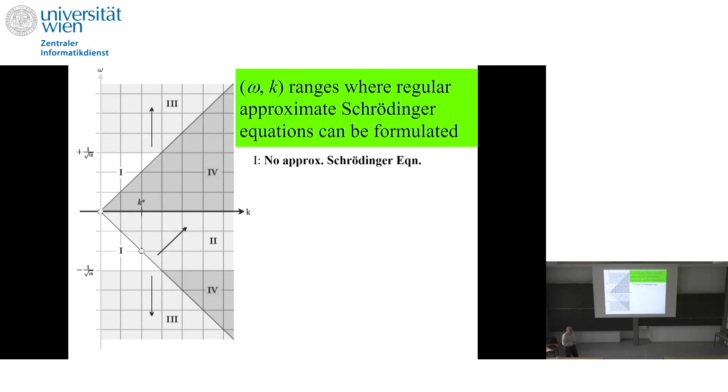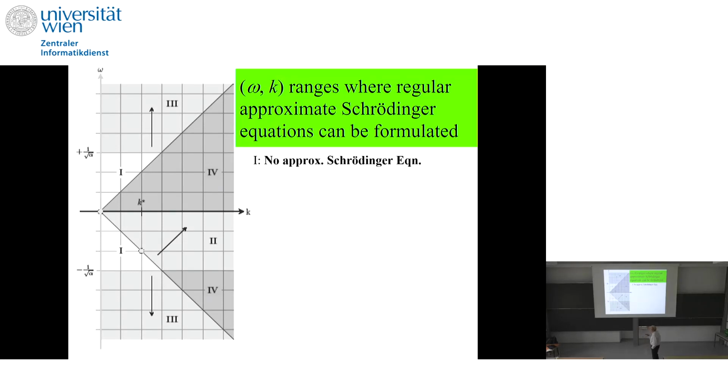Notice this is exactly the region in which there are no solutions. We don't have waves there. As I showed you in the first slide, this is the area where we don't have Rossby waves and we don't have inertial gravity waves.